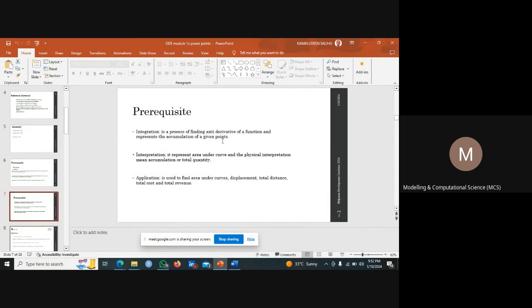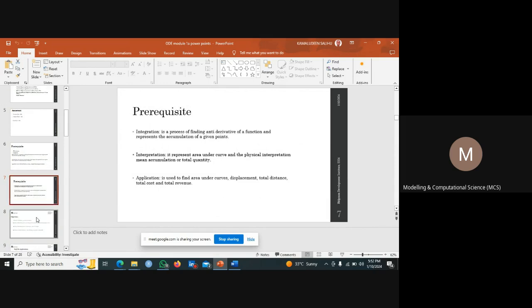We apply this to displacement or anything that you have to total together, because accumulation means you should total up something: total distance, total cost, and total revenue. These are the prerequisites needed for us to understand differential equations very well.